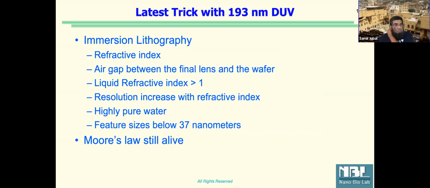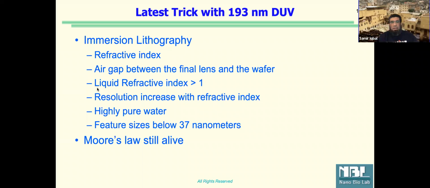So there's another thing they did with lithography: instead of using air as the medium, they put water between the lens and the wafer. So you have a light source, you have a lens, you have a mask, then you have a lens.